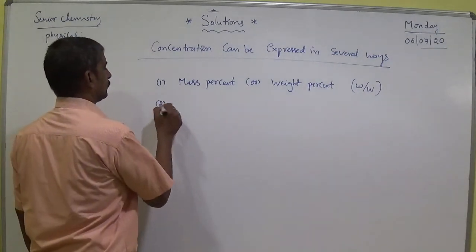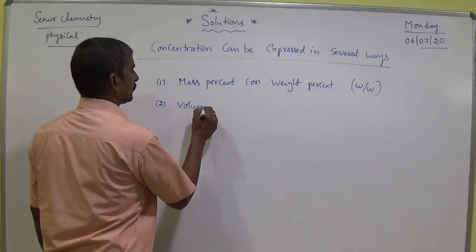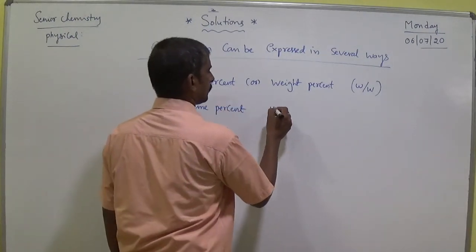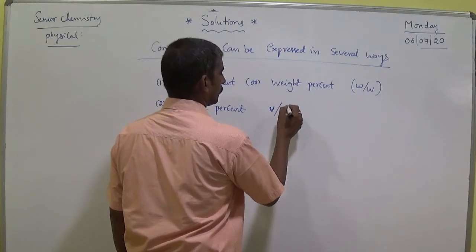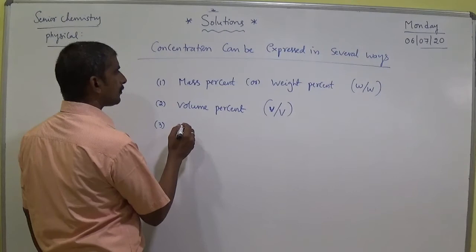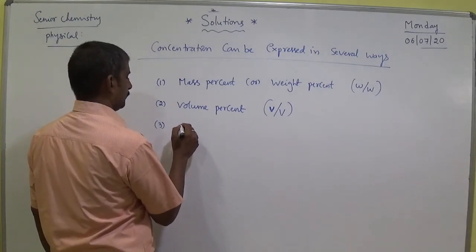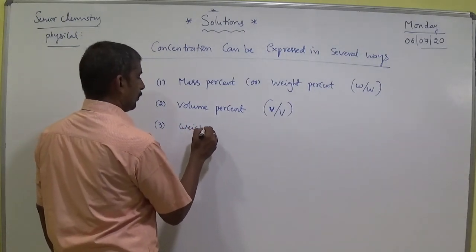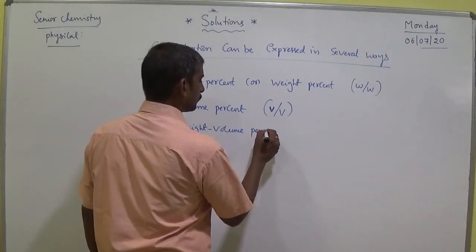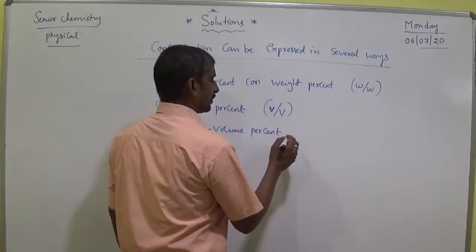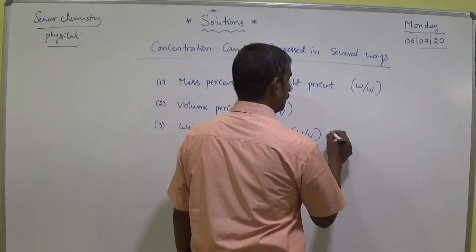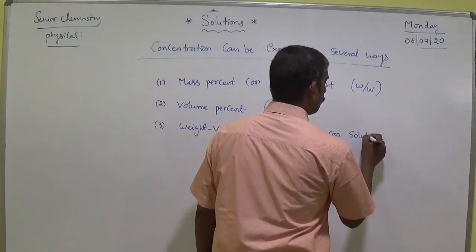Second, volume percent, symbol V by V. Third, weight to volume percent, symbol W by V, or simply solute percentage.